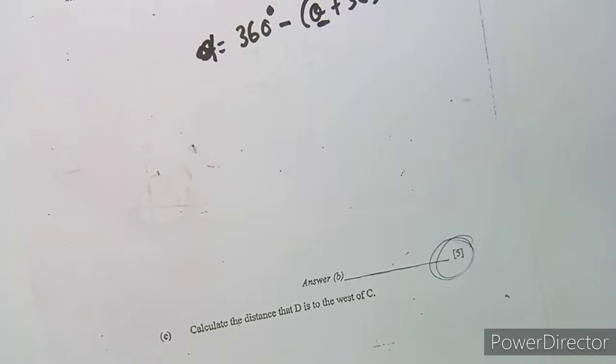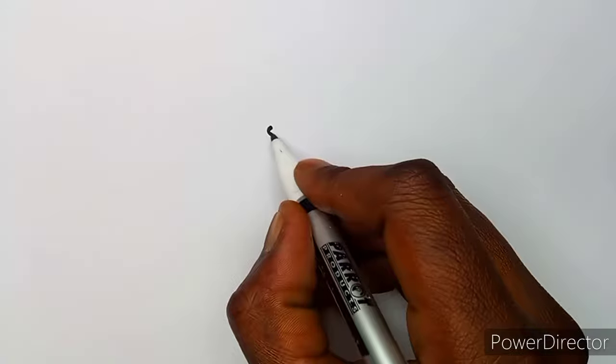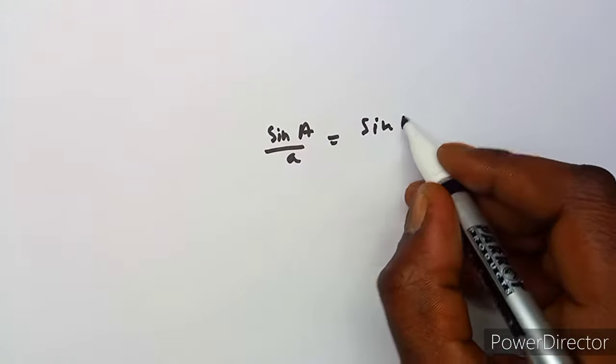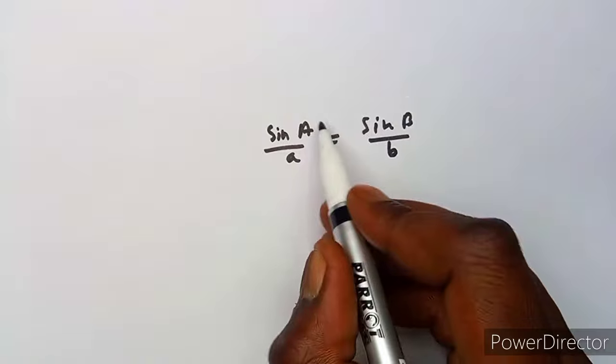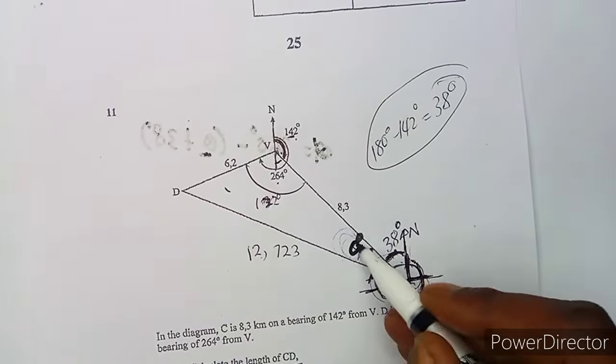All right. So let's apply our sine rule. In this case, we know that sine rule is sine A over A is equal to sine B over B, which is equal to sine C over C. Okay, so in this case, it's going to be sine the angle that we want to calculate, which is this theta here. So let's just put as theta.